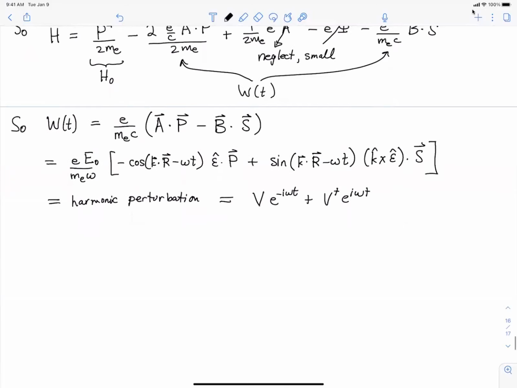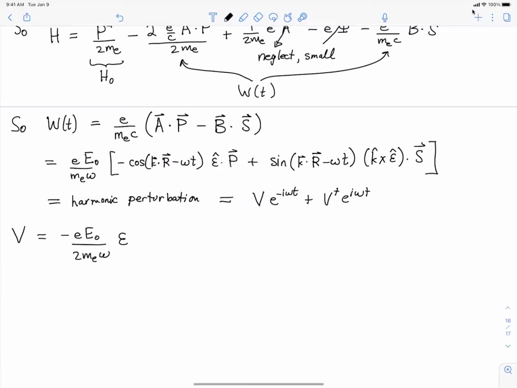Okay, and if you work it out, you find out that what the operator V is, it's the following. So this is something that's independent of time, and it's minus E0 over 2 m_e omega.